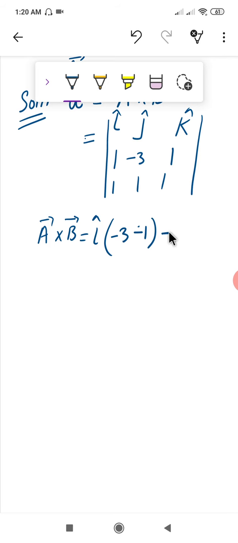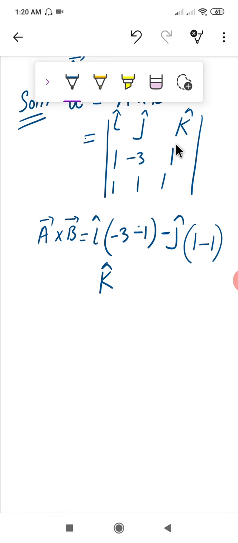Then do you remember? Minus j, and inside the bracket, now this is the j row and j column, so 1 into 1 minus 1. I hope you also are calculating as fast as I am calculating. Then k.